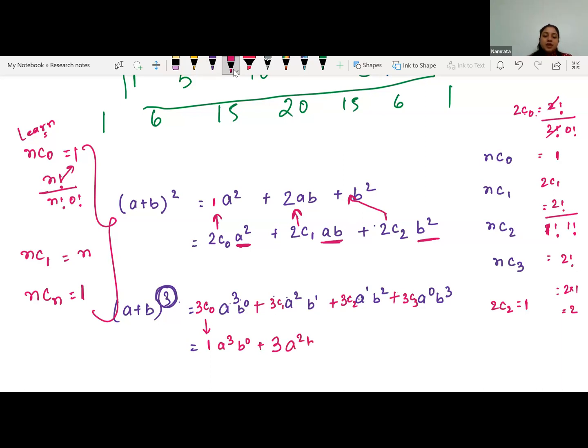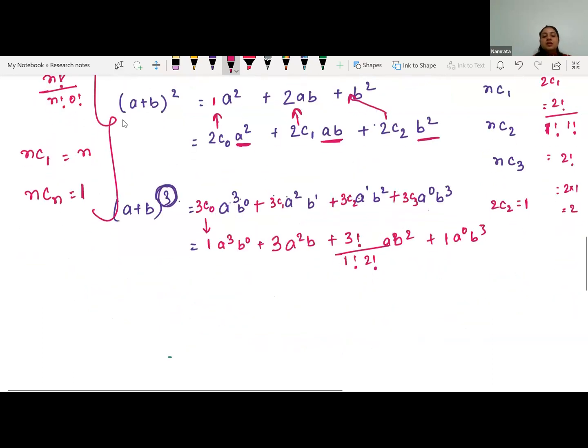So a square b plus 3C2, let's calculate it. 3 factorial by 3 minus 2, that means 1 factorial into 2 factorial, is ab square, plus 3C3, and nCn will be 1 only. a to the power 0, b cube. If you want, you can write it, you can skip writing a to the power 0, b to the power 0.